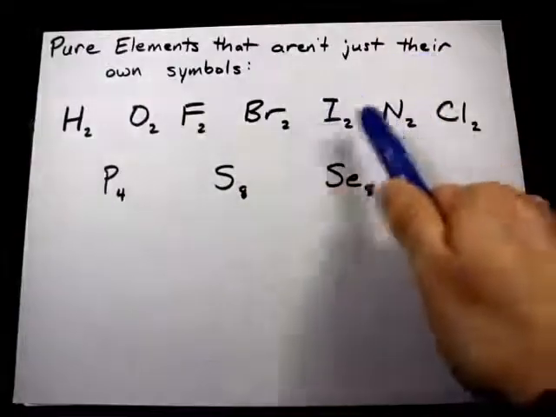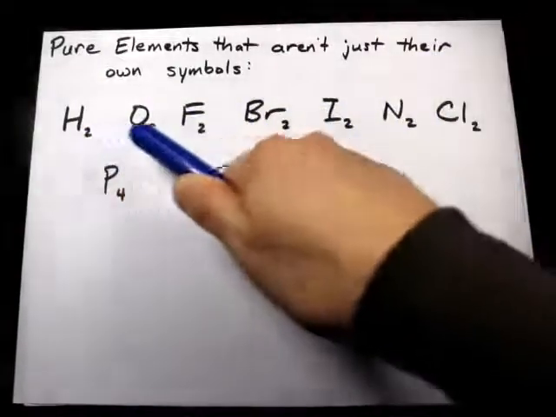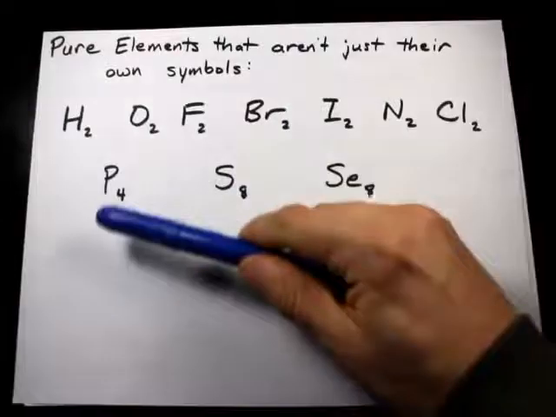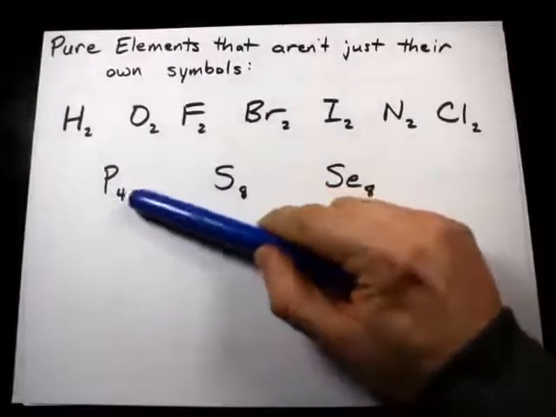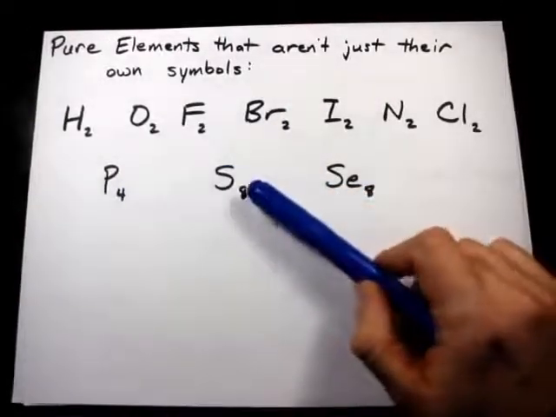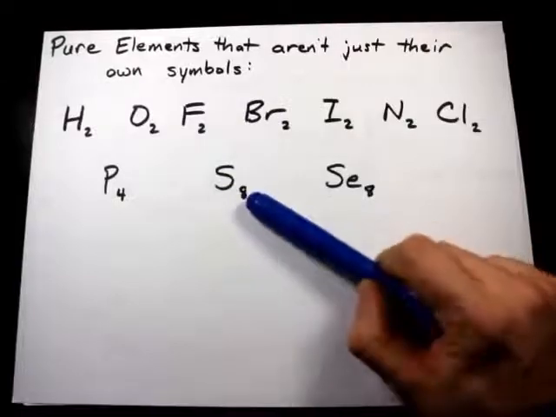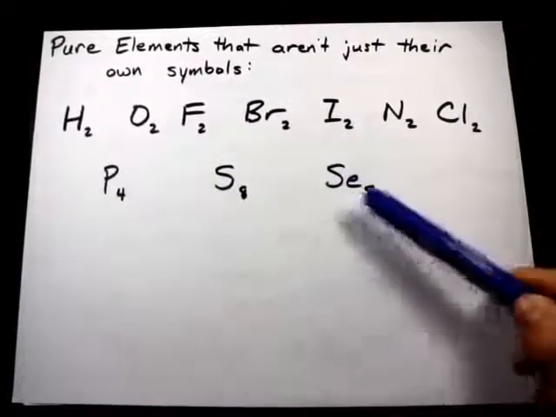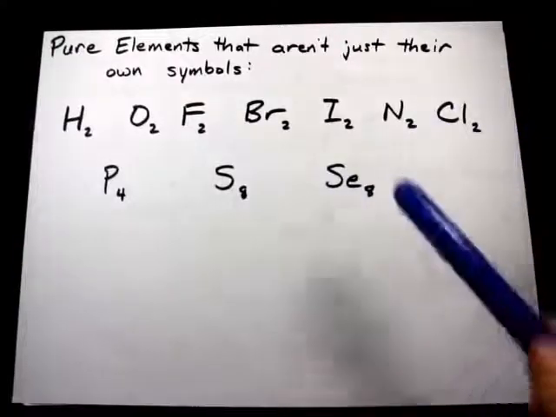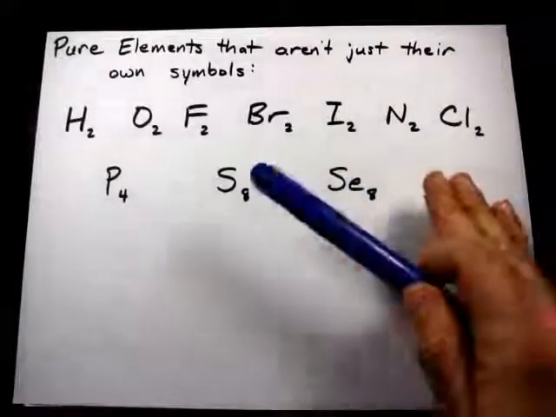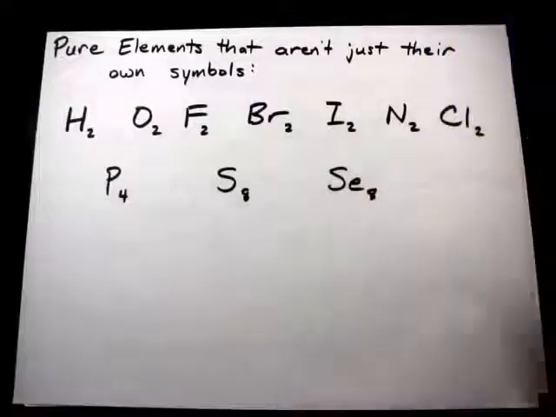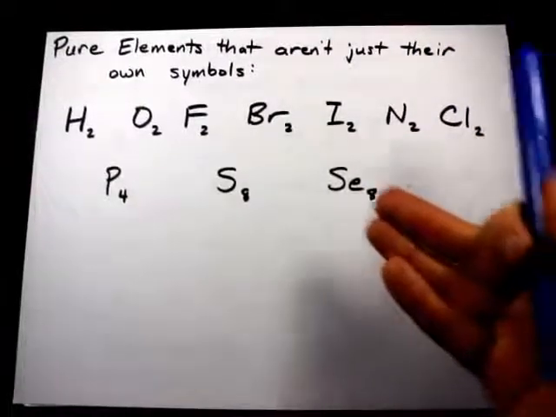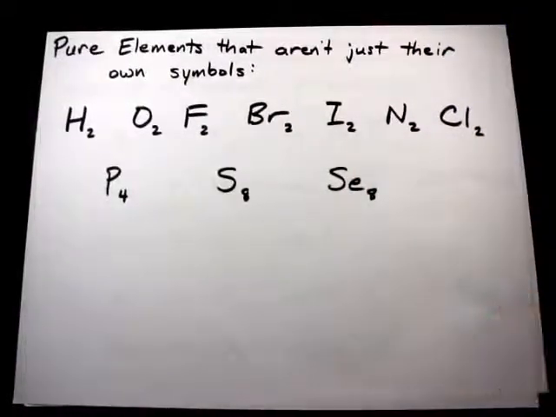Same with iodine, nitrogen, fluorine, bromine, hydrogen, oxygen. Elemental phosphorus makes a cluster of 4 atoms. Elemental sulfur makes a cluster of 8 atoms. And I just learned as I was researching for this that selenium also likes making clusters of 8, but I've never seen that before in any question I've ever answered in my entire life. So, you know, it's just for your information.